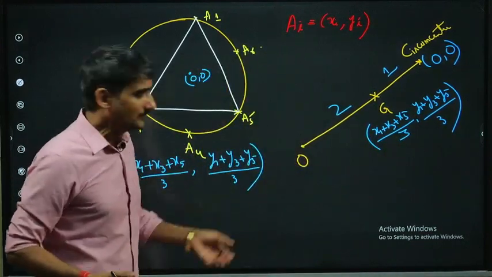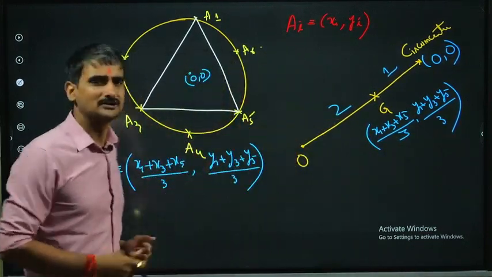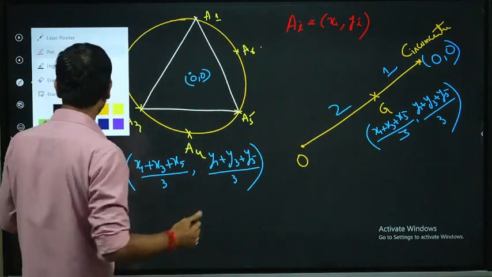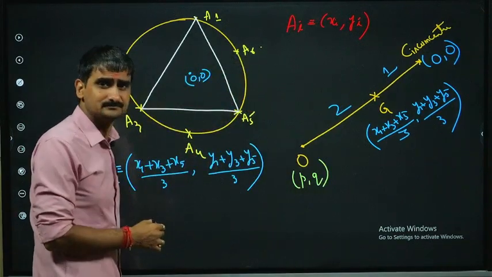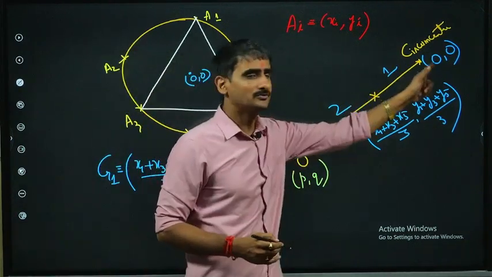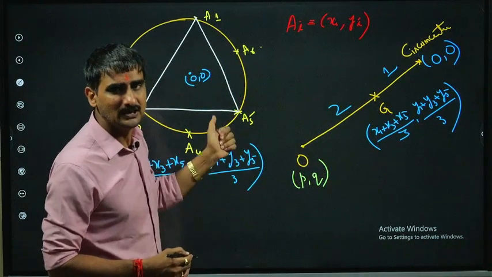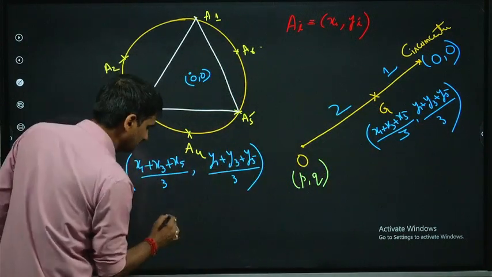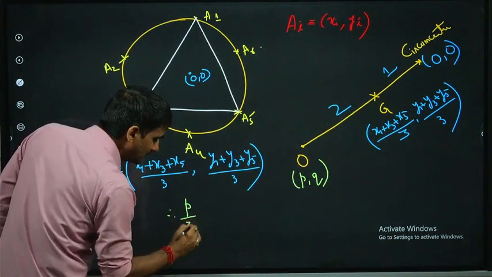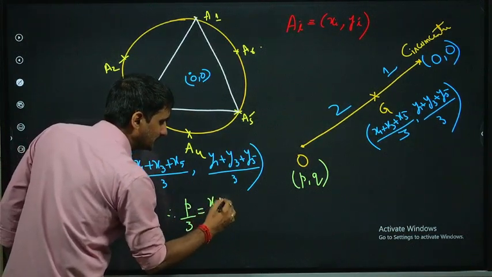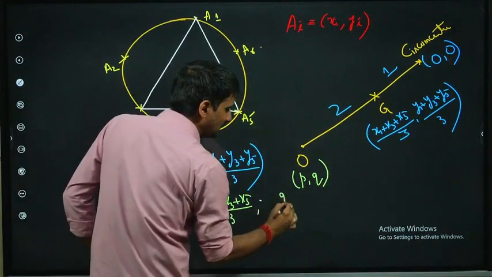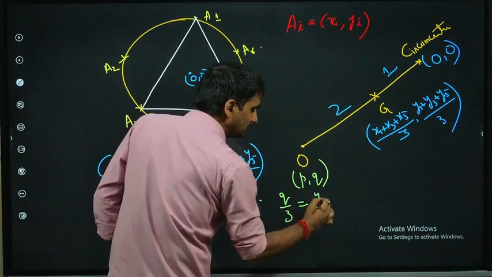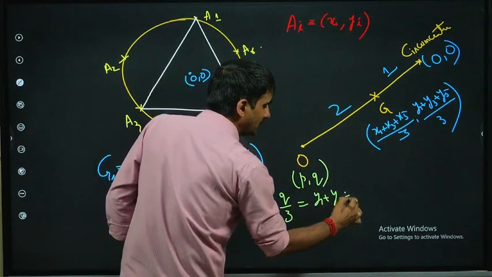Now we have to find the orthocenter. Just use the section formula. Let us say that the coordinates of the orthocenter are P and Q. So 2 into 0 plus 1 into P upon 3, that is P by 3. Therefore P by 3 is nothing but x1 plus x3 plus x5 by 3, and similarly Q by 3 is y1 plus y3 plus y5 by 3.